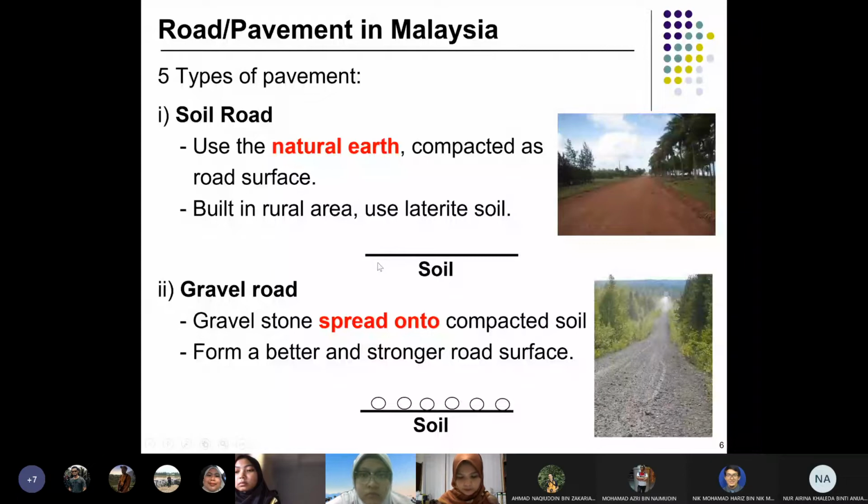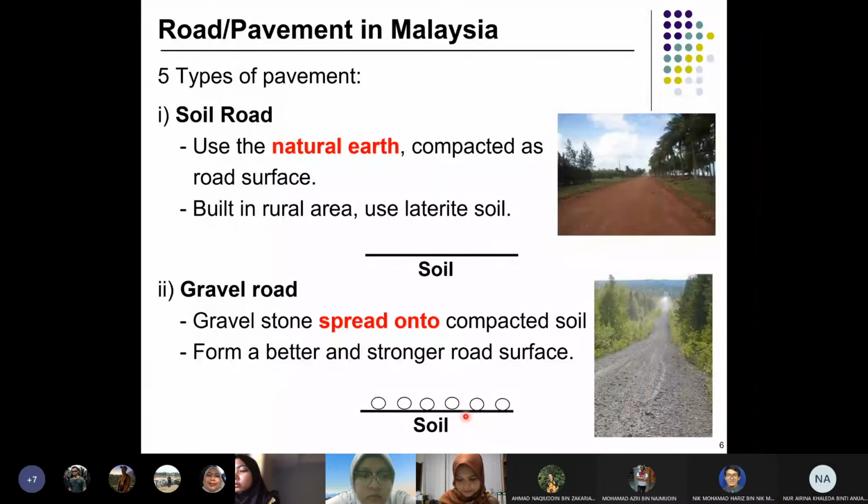Okay, number 1, the very basic is soil road, or we call as bare road, natural earth soil, where you can see dia punya layer dia di permukaan itu dia cuma hanya ada dekat bawah dia hanya ada soil saja. Okay, ada tanah saja. So this is the example of the soil road, and then you have the gravel road.